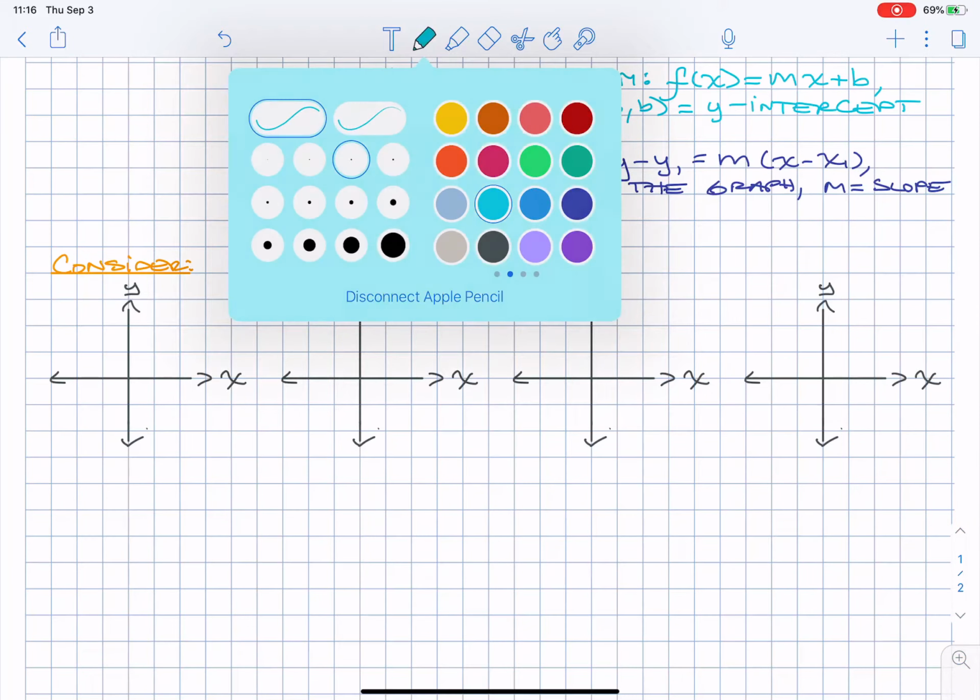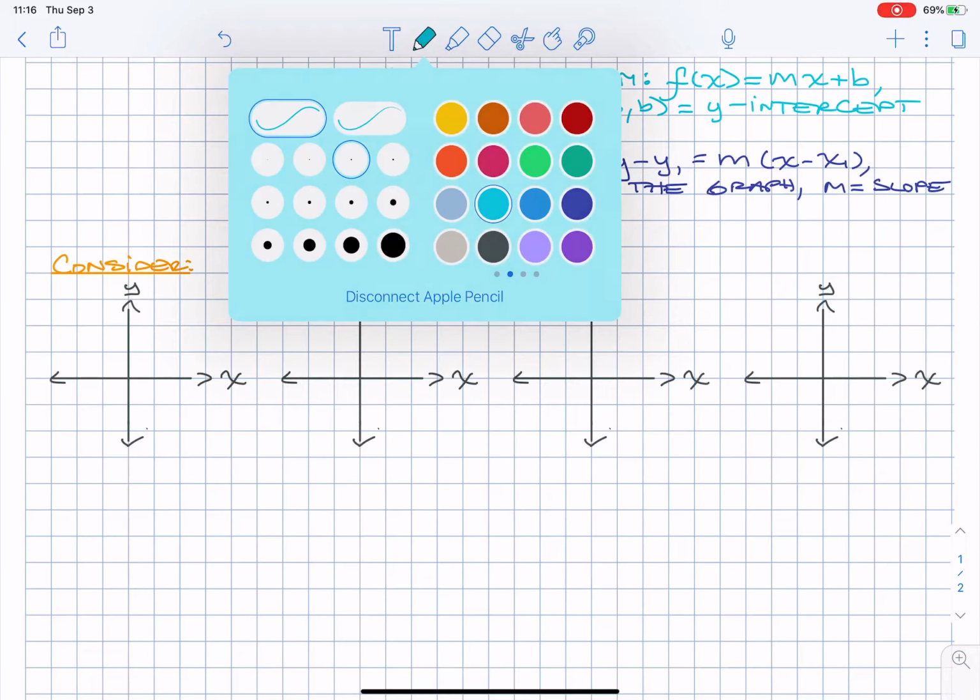So this is my linear function f of x. Do you agree that the rise from one point over the run, so the slope, is going to be plus over plus, because the rise is positive, and the run is also positive? I'll show that with arrows. From point 1 to point 2, my rise was going upwards, and my run was going to the right.